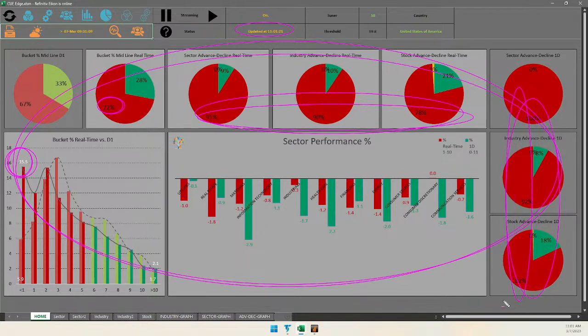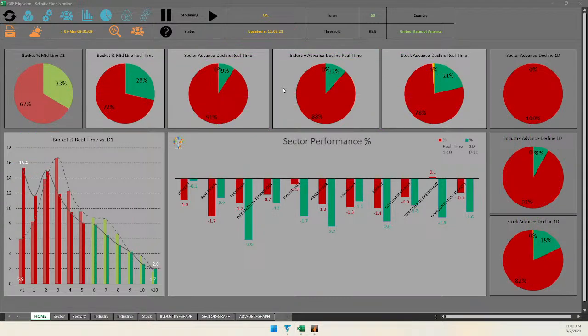So if I am looking at this instantly, I know that I am going to look for short trades today, not long trades. Which sector to focus on, which industries to focus on, that is where QEdge comes into play. We can drill down from this market view to the sectors, industries, then stocks, and then look at the technicals.